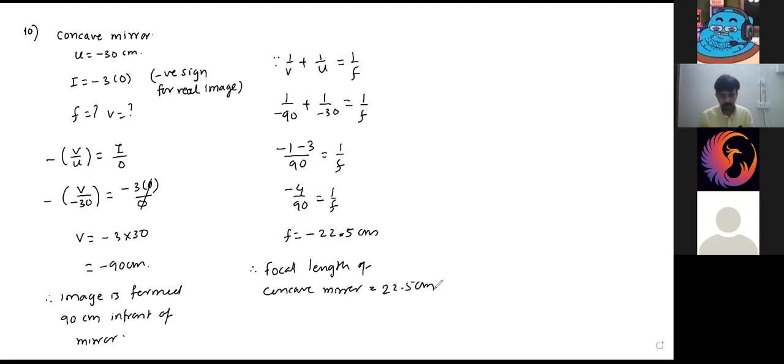It is 11. In 11, what is given? A concave mirror forms a virtual image of size twice the size of object. मतलब I is equal to twice of O. ये plus है because it is a virtual image. Right?